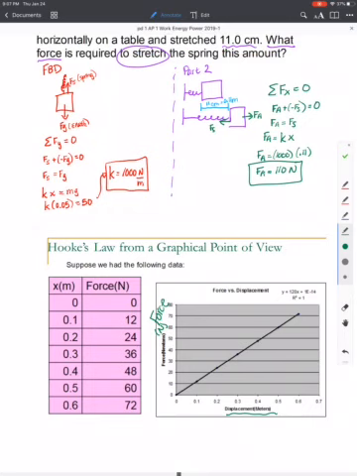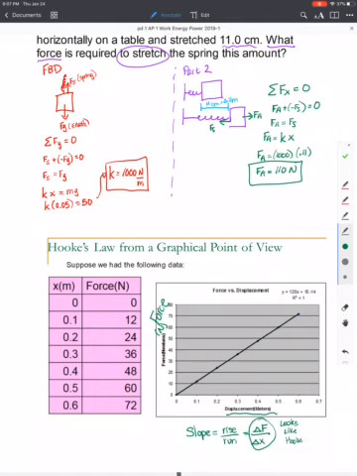But when we talk about Hooke's law, the slope of this graph actually will tell us something new. Remember, slope is equal to the rise over run, the change in force over the change in displacement. And this should look like Hooke's law.